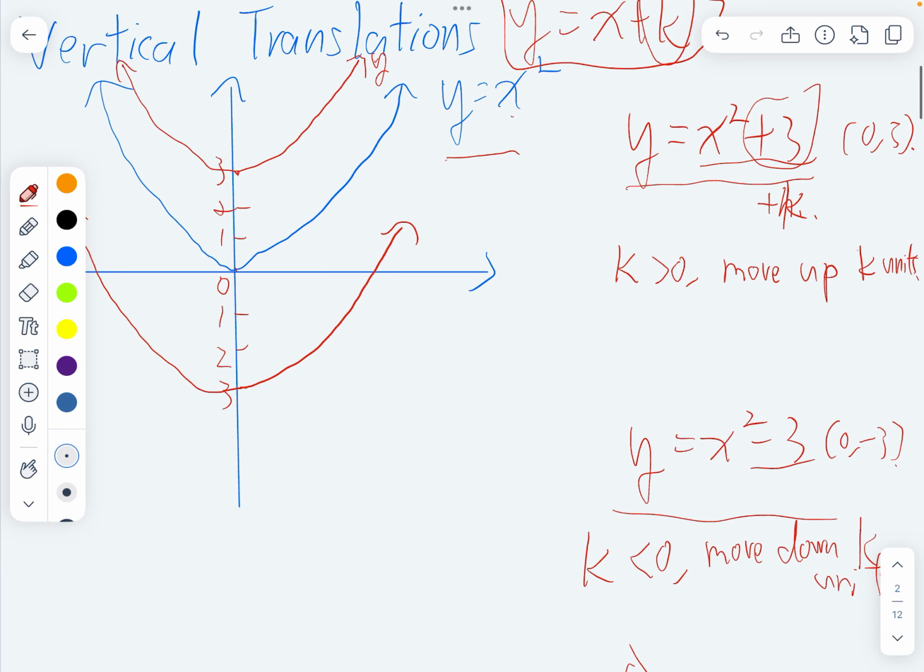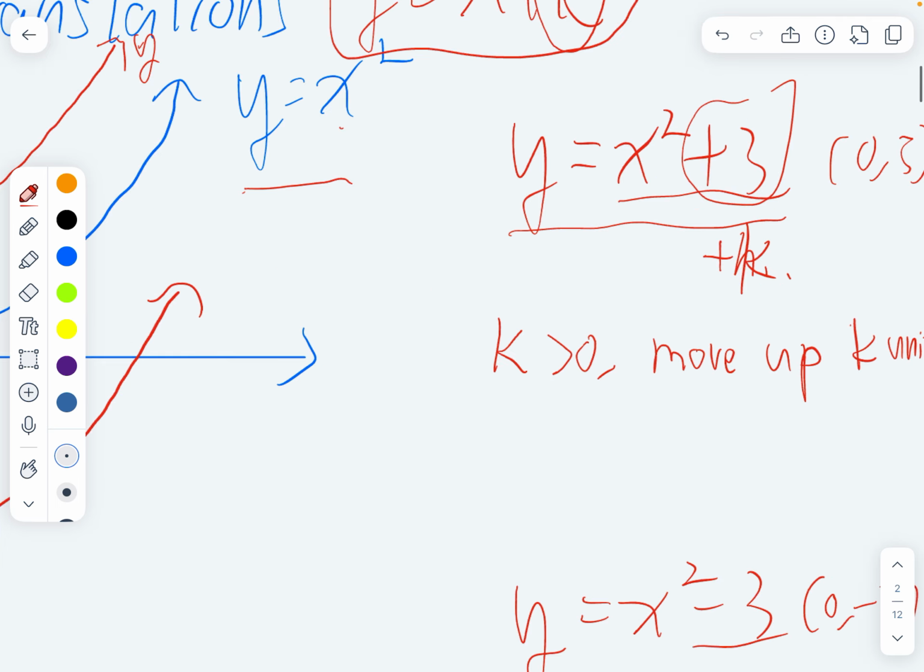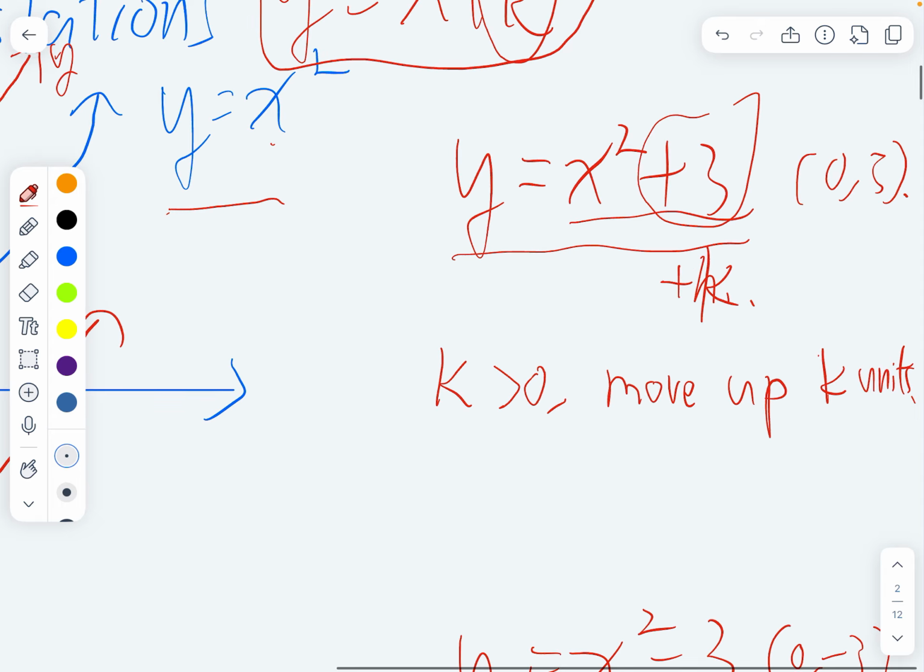Also, we need to explore two relations compared to the original. They are y equals x squared plus 3, and the other one is y equals x squared minus 3. We already know this type is the standard form, so we can get the y-intercept, which is (0, 3).